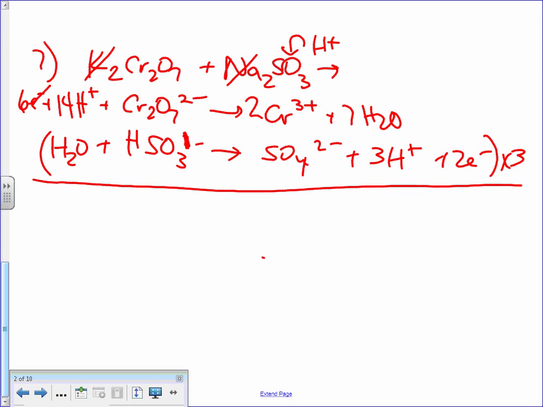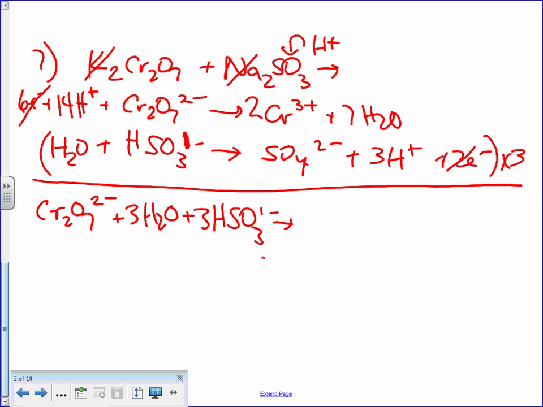And then 6 electrons go away. So dichromate plus 3 waters plus 3 bisulfites yields 2 chromium 3 pluses, 7 waters, 3 sulfates, and 6 H pluses. And then you would just cancel out some of your waters.